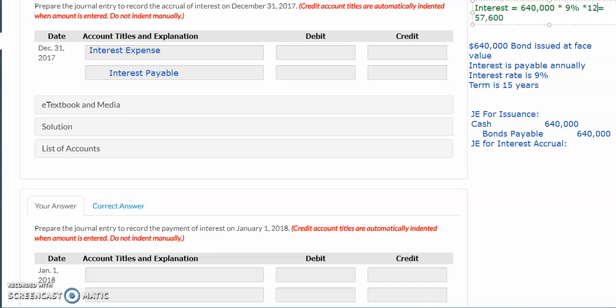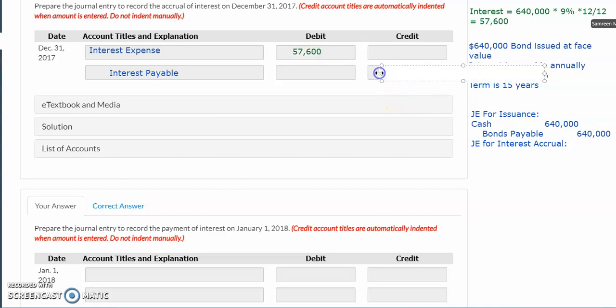So we can multiply by 12 over 12 because our calculation is for the whole year. But essentially, this is the amount that needs to be paid every single year for that interest. So in our journal entries, we're going to include $57,600 for the debit and the credit.